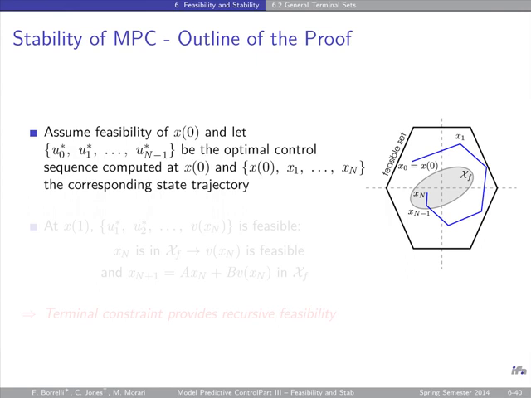So if you do that, this input is feasible, not optimal, it is feasible. You will generate a state sequence x1, x2, x3, x4, up to xn minus 1, and then at the end, xn will be in xf, which means that you can apply v of xn and be feasible. Okay? So the terminal constraint being an invariant guarantees persistent feasibility. Give me 1 minute to complete the proof, and then we'll summarize at the beginning of next hour.